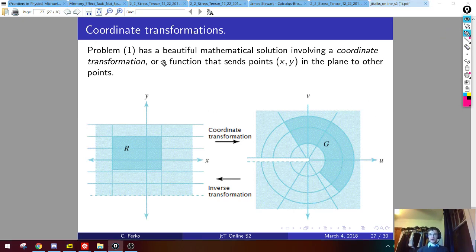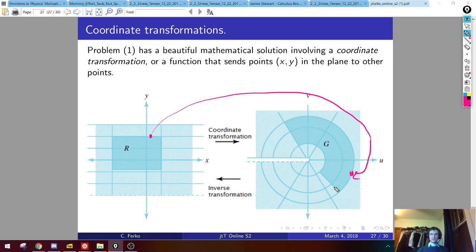To solve problem one, what people have done in some of the papers that I sent out is to use a coordinate transformation. By coordinate transformation, I just mean a way of changing a point in the xy plane by some function. So for instance, this is supposed to take some point here and send it to some other point in the plane over here.